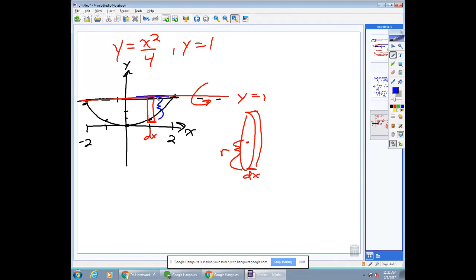Okay, so let's see, how do we generate that distance right there? Well, it's a y, so my radius is going to be y. And I start up at the top at y equals 1, and it drops down to y equals x squared over 4. So any radius should be 1 minus x squared over 4.